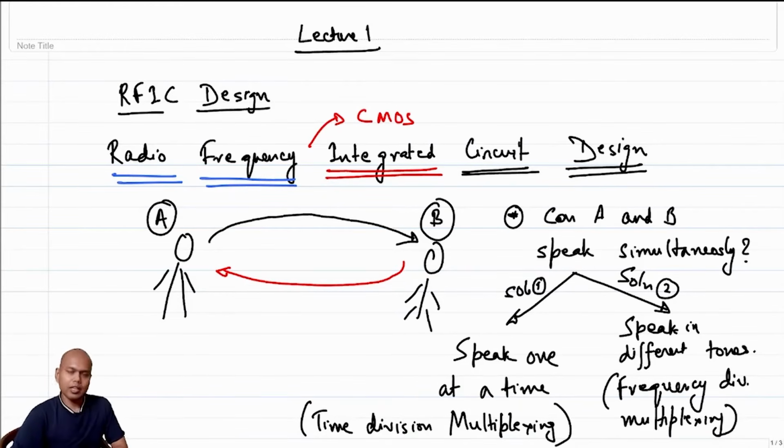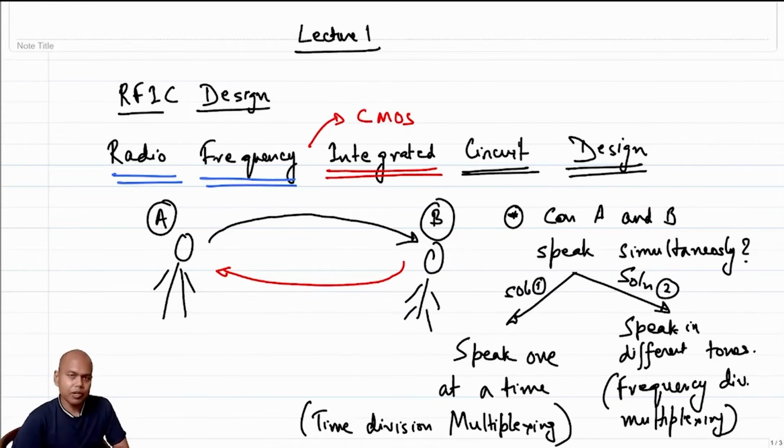But let's assume that they are not all talking at the same tone, right? Is it possible for A or B to distinguish their voices from the others? In principle, the example of human voice is probably not a very good one, because all of us have similar tones, unless you are a trained singer.